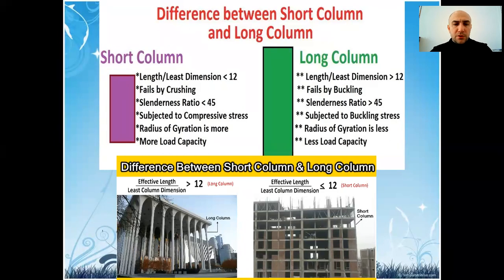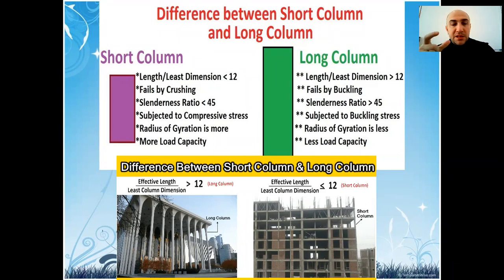So what else about differences? Maybe the load carrying capacity of a short column is much more due to its low height, but the load bearing capacity of the long column is less due to its greater height.